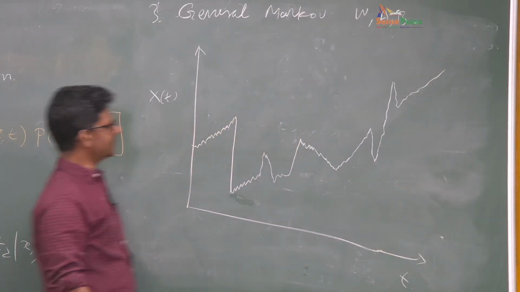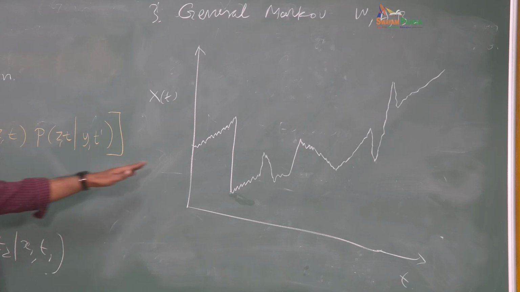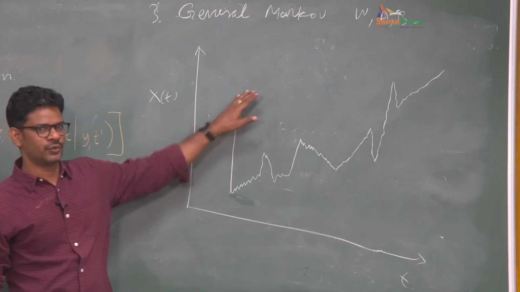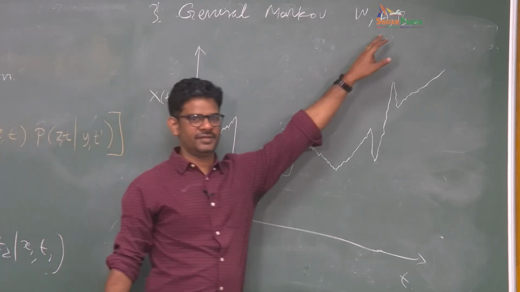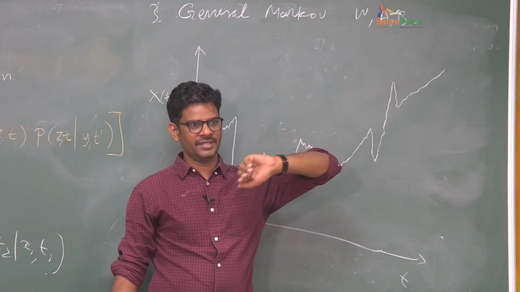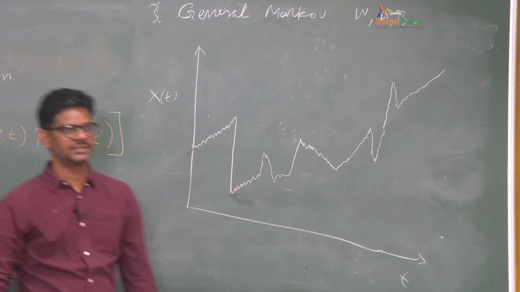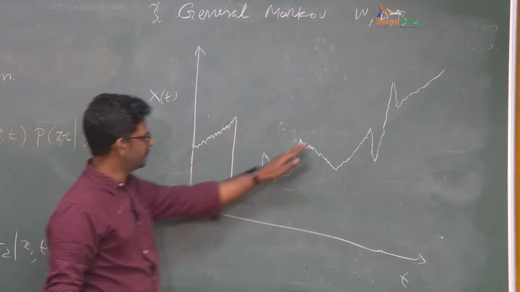You will see something like this. What you see is some sort of drift towards an increasing direction because A is positive, A is a drift. The mean is changing with respect to time. So you see some sort of a positive slope everywhere.